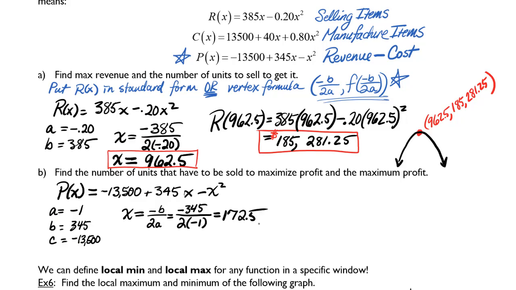The number of items to sell to maximize profit is 172.5. So substantially fewer items. And remember, profit is way more beneficial than revenue. I'll substitute that back into P of x to find the actual amount of profit I will receive for manufacturing this many items.